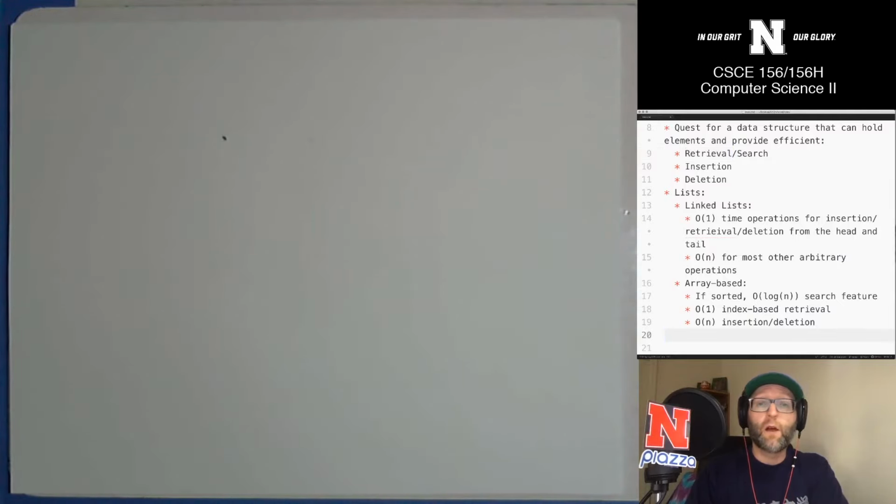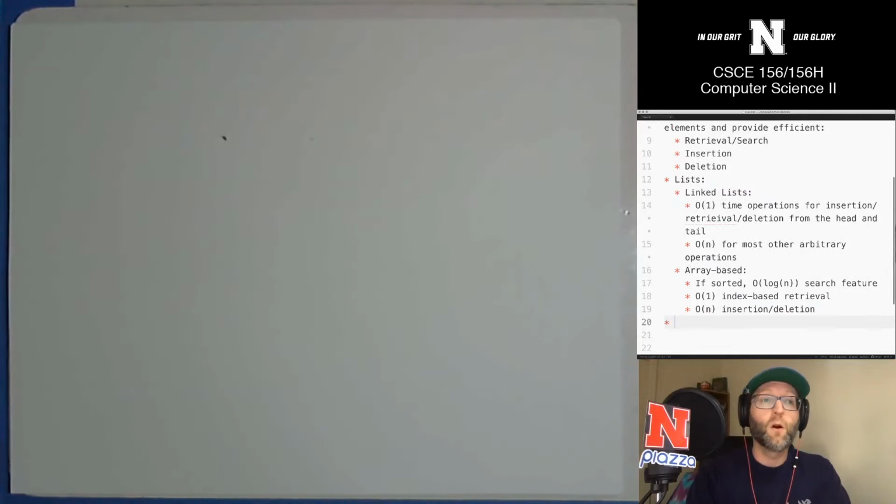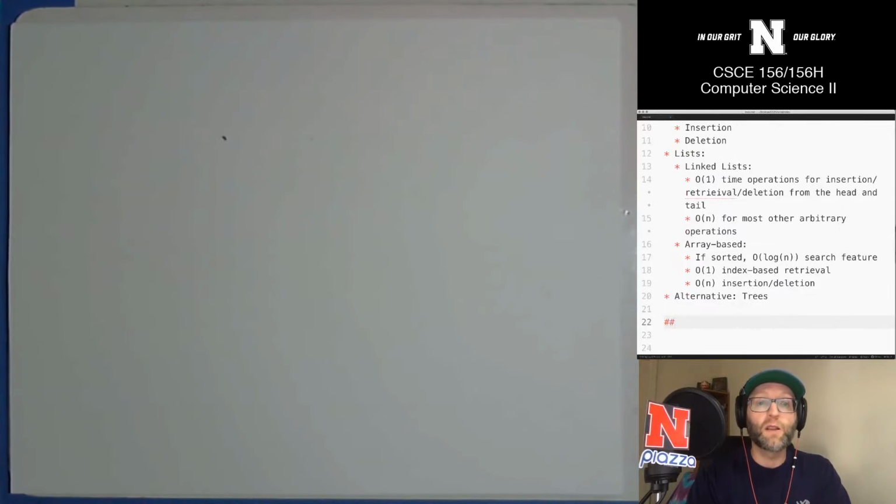Now the holy grail for that is, of course, a hash table or a hash-based data structure. But that's not what we're covering here. What we're going to look at is trees. So the alternative is potentially trees. We're going to use those as our data structures.